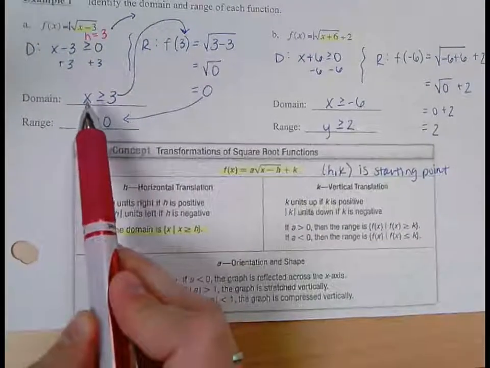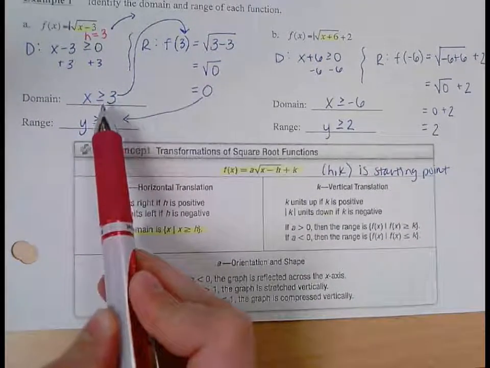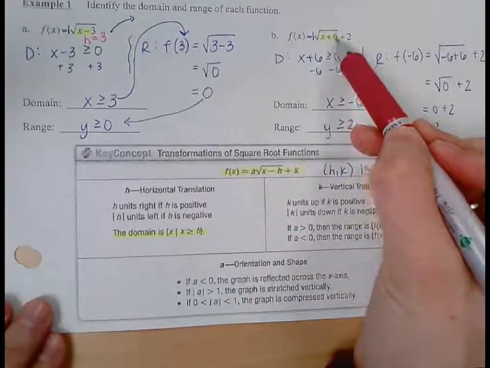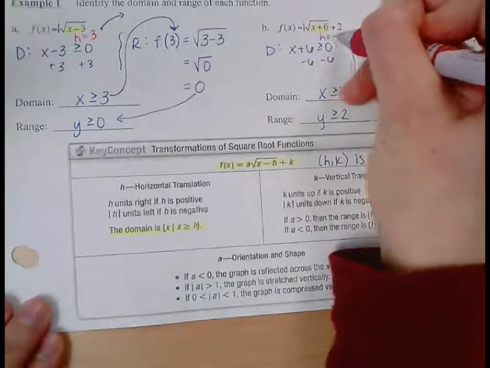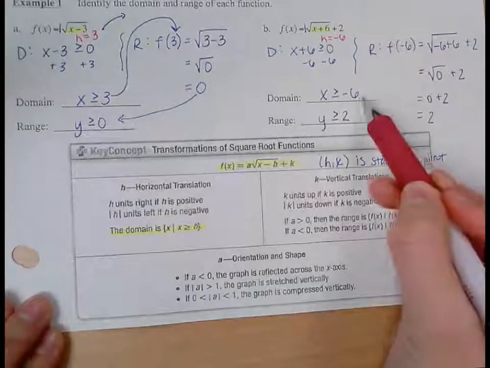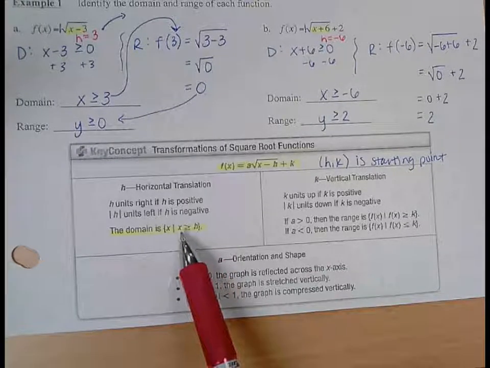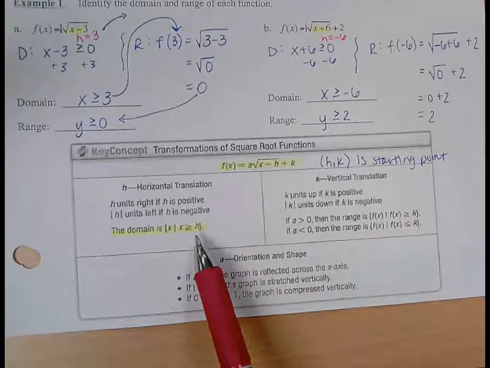And notice your domain was x values greater than or equal to 3, and your h is 3. For part B, you see x plus 6, so h is really negative 6. Your domain is x values greater than or equal to negative 6, which is your h. So that's another way to identify the domain. If you know h, it's always x values greater than or equal to whatever h is.